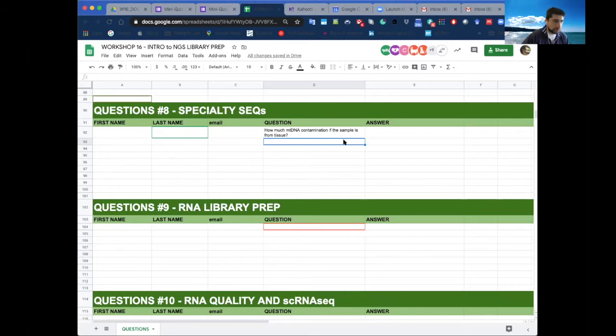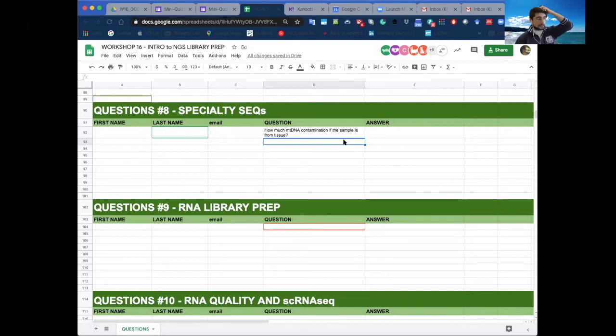You can also try to perform DNase I digestion on intact cells. DNase I is basically an endonuclease that degrades all the DNA. But if you perform that on the cells, it will only degrade the DNA that is extracellular. So we'll get rid of the DNA from dead cells.